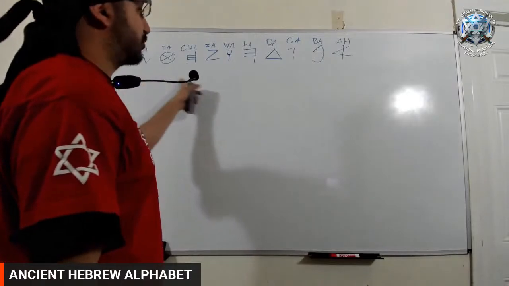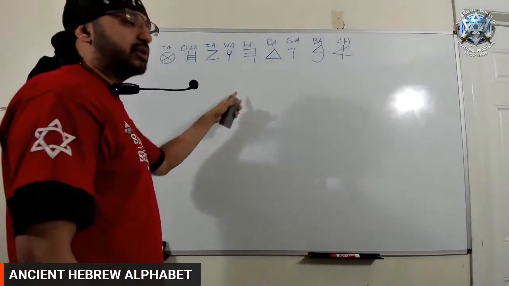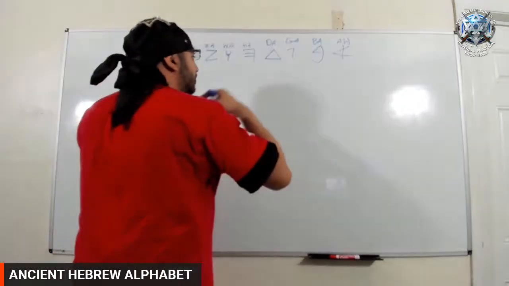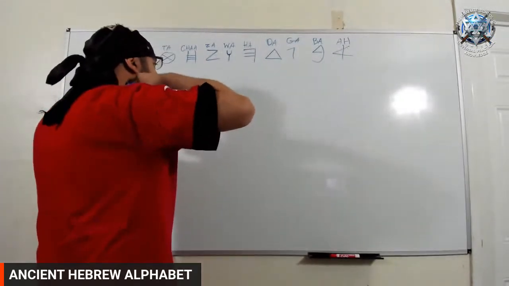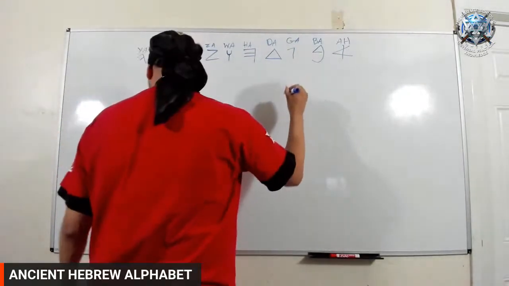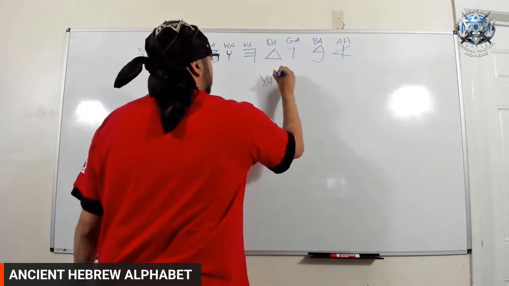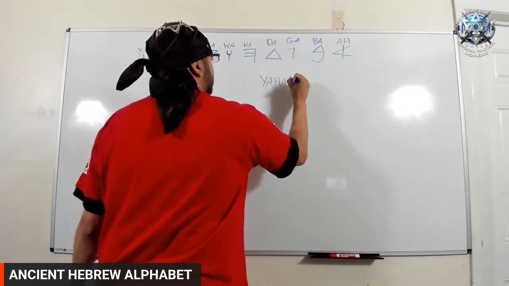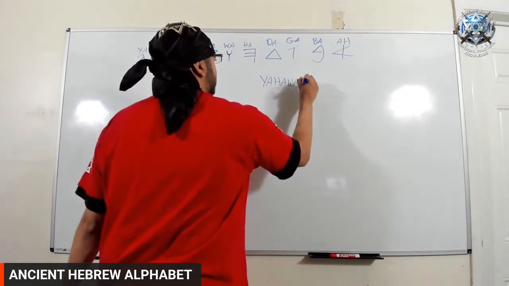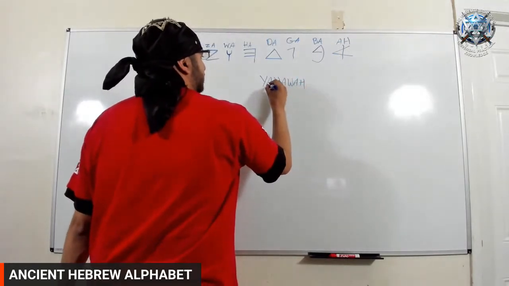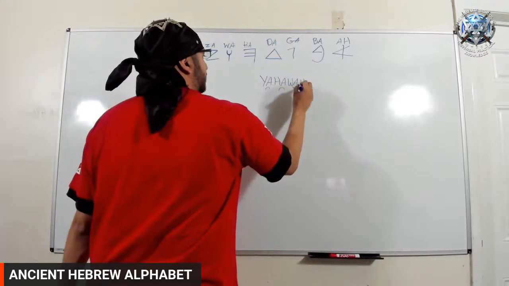The Tetragrammaton, which is the four-letter word that we use to associate the name of the Most High in the ancient Hebrew, is Yahweh.